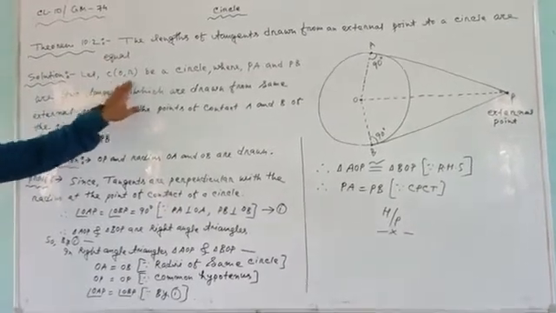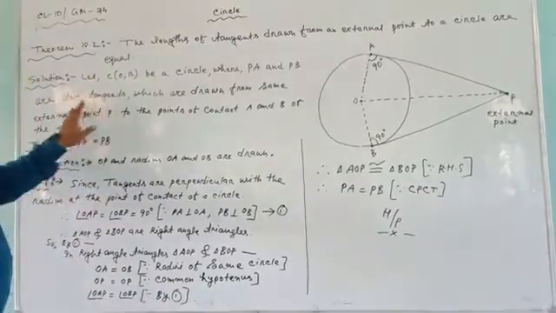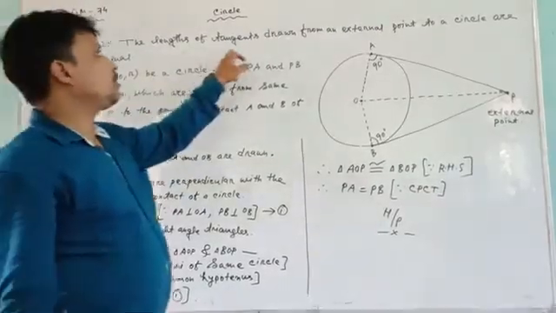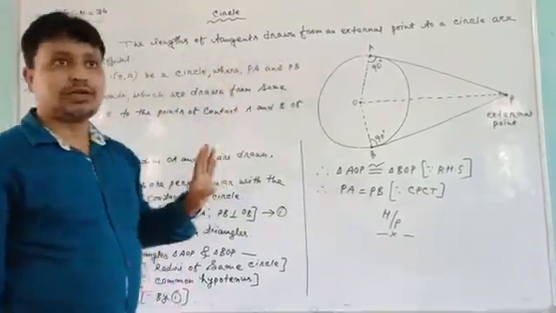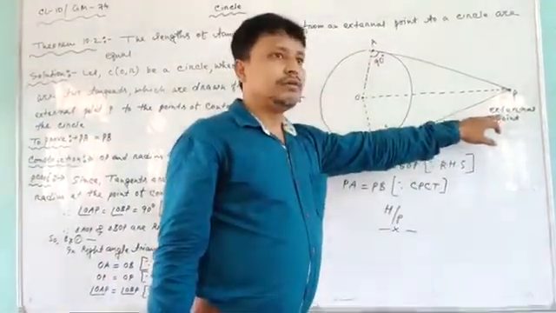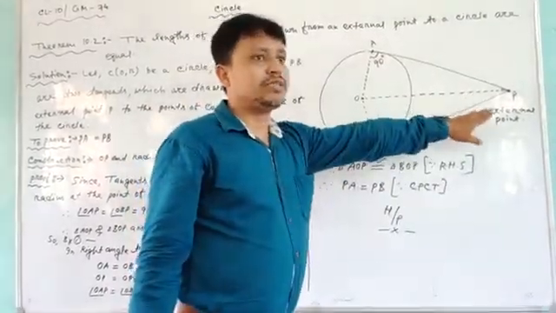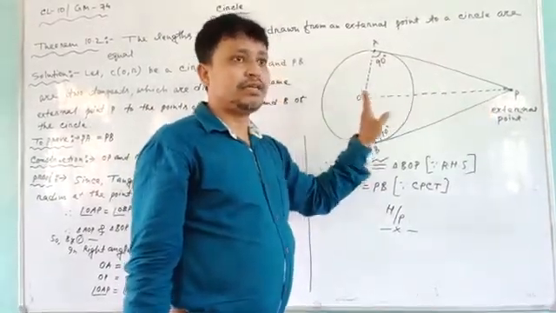So first of all, write COR be a circle and PA and PB are two tangents, because there is written about two tangents which are drawn from the same external point. So we are considering one external point P, and two tangents which are drawn from this same external point to the circle. That is already given.